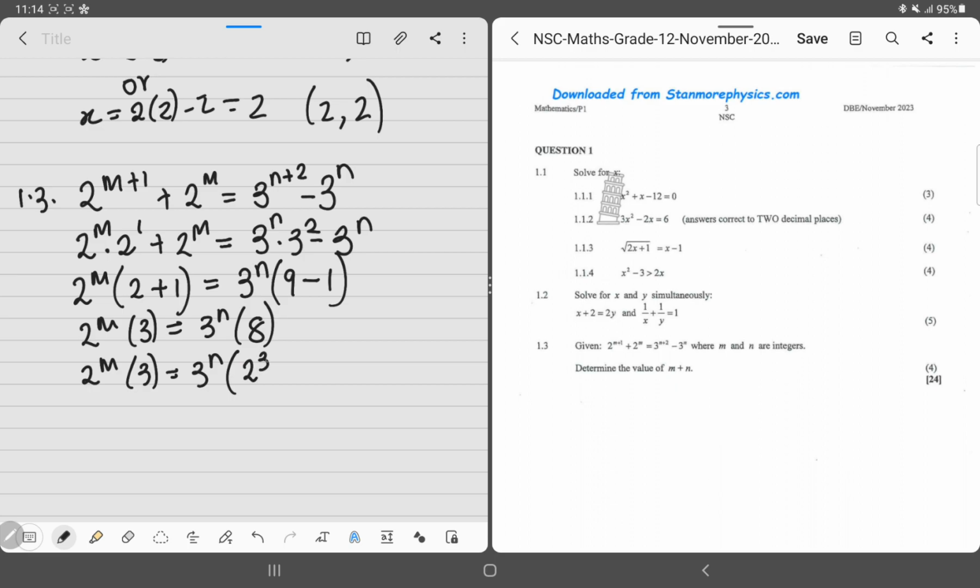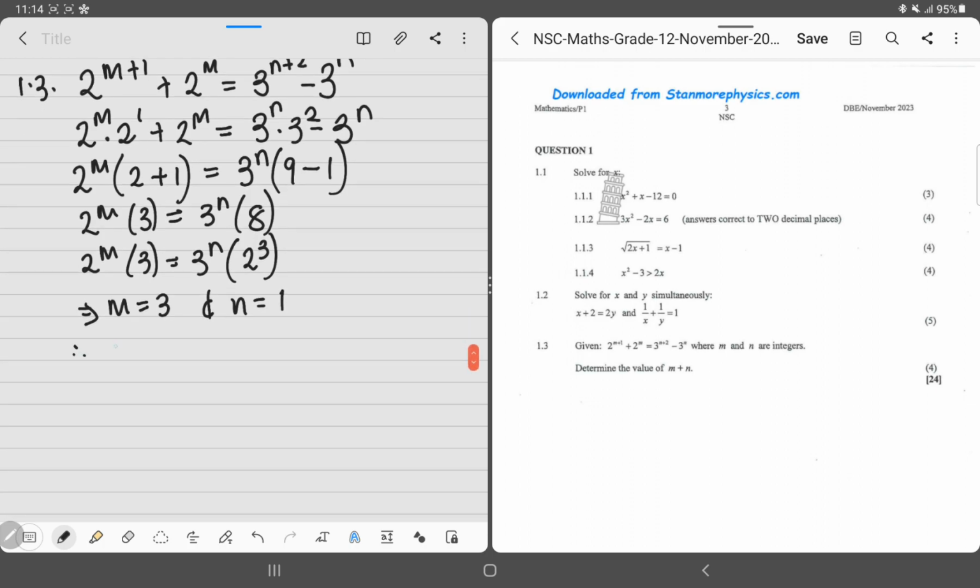This we know that it is 2 to the exponent of 3. So this means that m should be equal to 3 and n should be equal to 1. Therefore, m plus n should be equal to 3 plus 1, which is equal to 4.